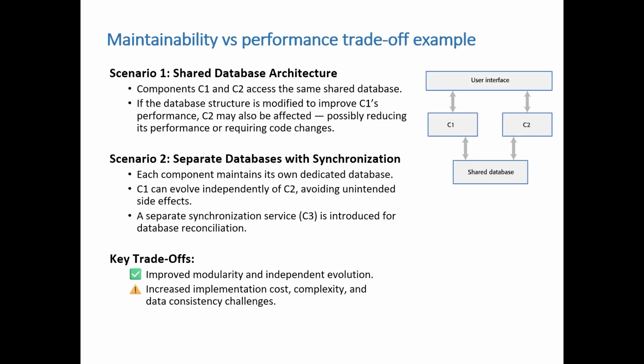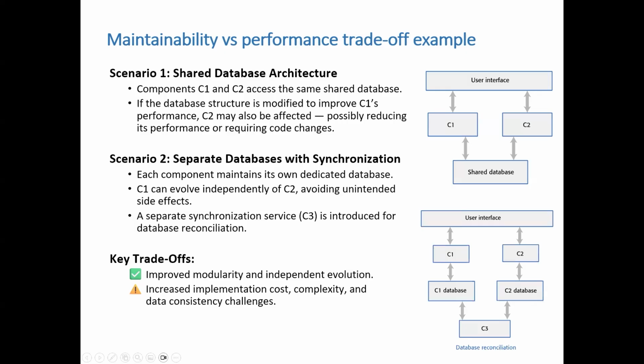There is only one source of truth. But here is the downside. If we want to make performance improvements for C1, say by restructuring its data access or schema, those changes could negatively affect C2. You are essentially tying their behavior together, even if they serve very different roles.